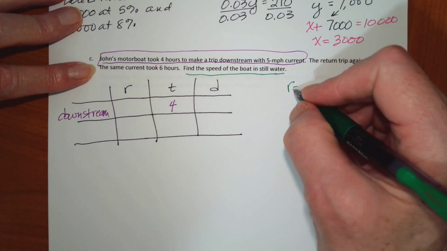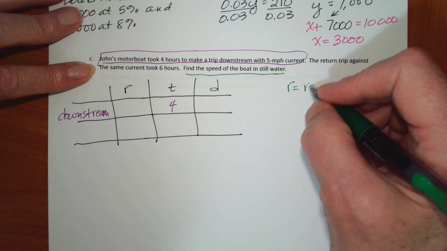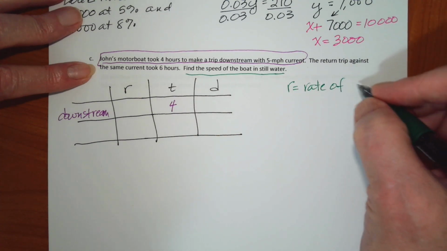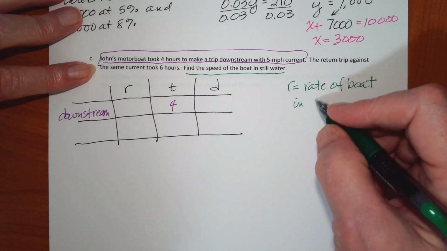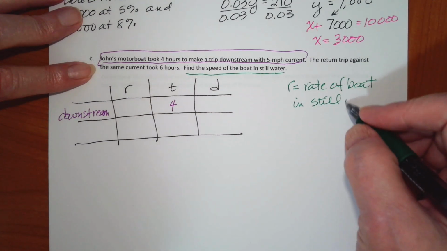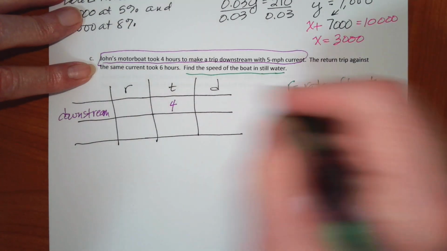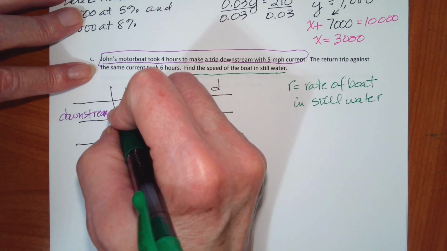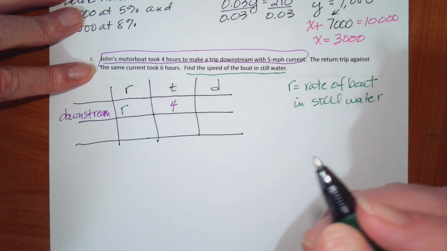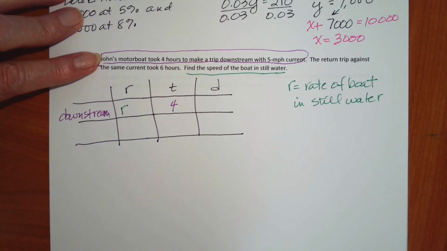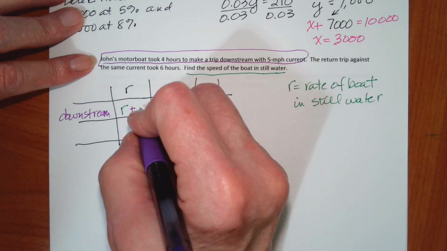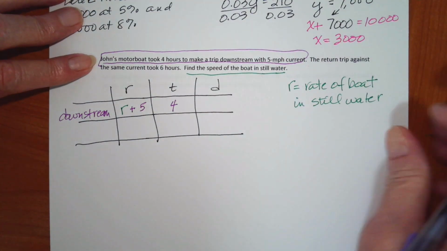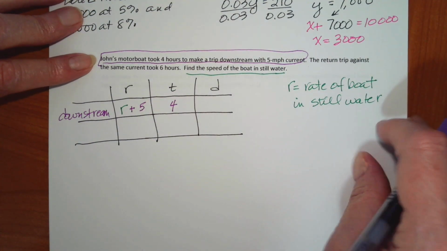So let R equal the rate of the boat in still water. So this is going to be R plus the current. So downstream is plus the current.